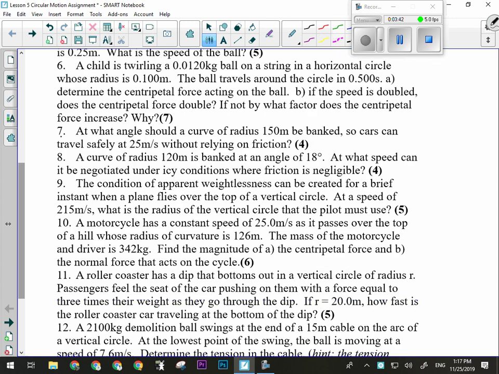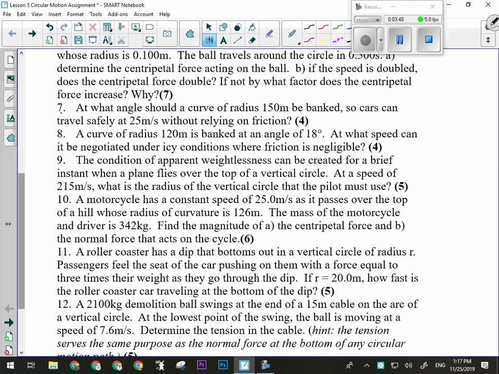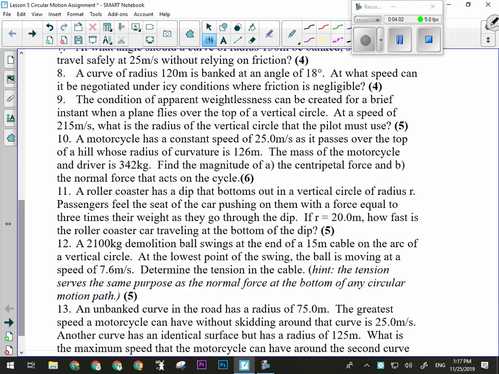Number 7, bank curve question. So we have this curve that we know has a radius of 150 and a speed of 25, and we want to know the angle of bank. Okay, number 8, also a bank curve question. Number 9, talking about apparent weightlessness, when you go over the top of a vertical circle, so it's a vertical circle question. It gives you all the information there. Number 10, also a vertical circle question, goes over the top of a hill.